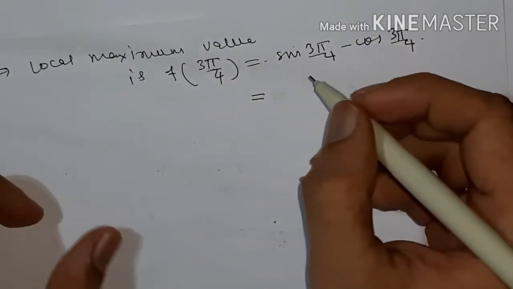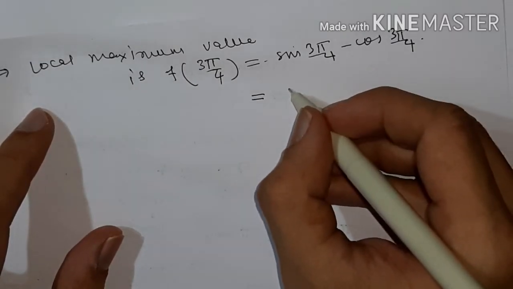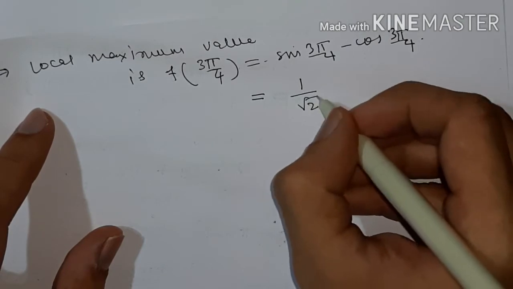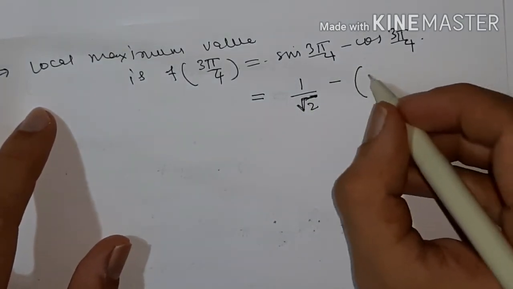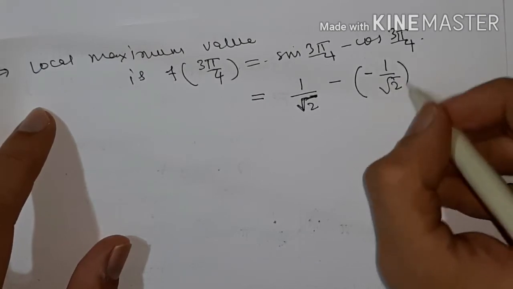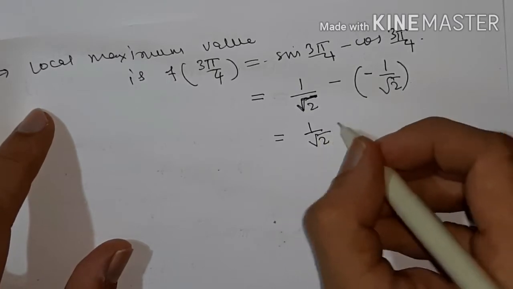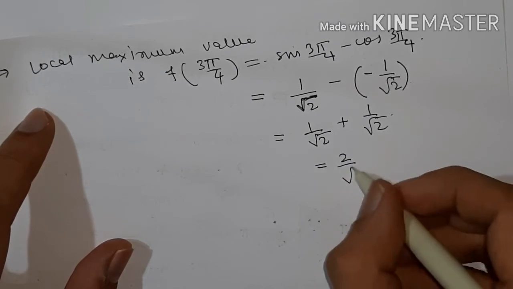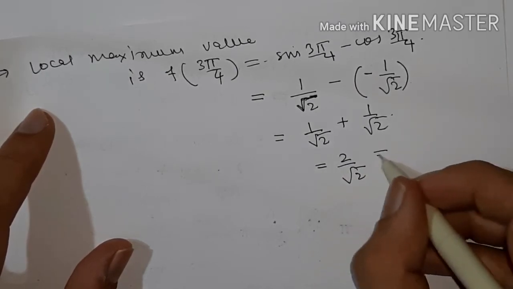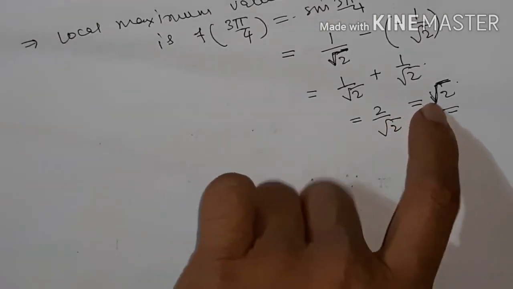Sine of 3 pi by 4 we have already seen, it is 1 by root 2, and minus cos 3 pi by 4 is minus of minus 1 by root 2, we have already seen in this example only. So 1 by root 2 plus 1 by root 2, that is 2 by root 2, which is root 2. So the local maximum value is root 2.